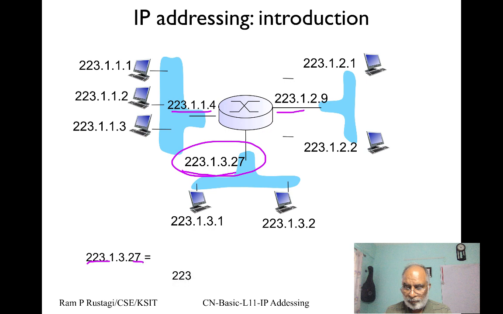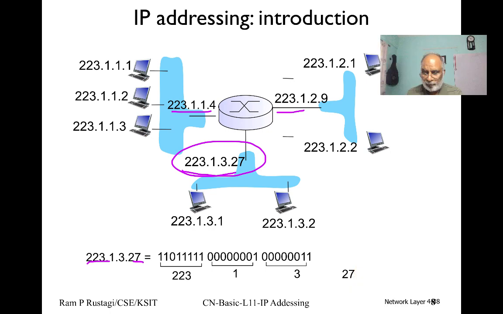So 223 in binary would be 11011111. 1 in binary would be 00000001. 3 in binary would be 00000011, and 27 would be 00011011.